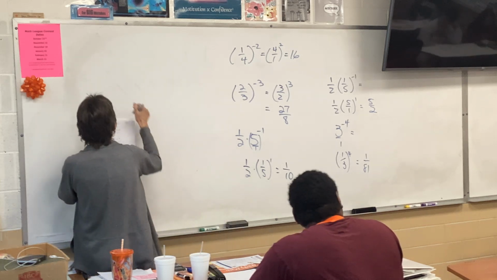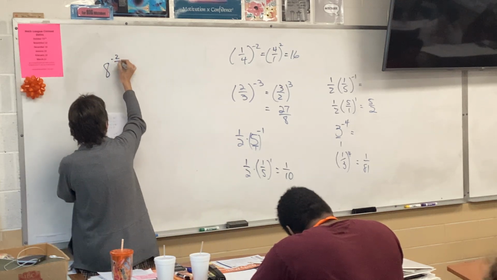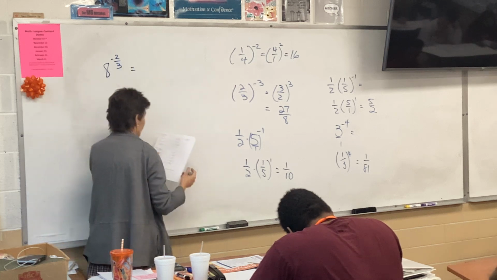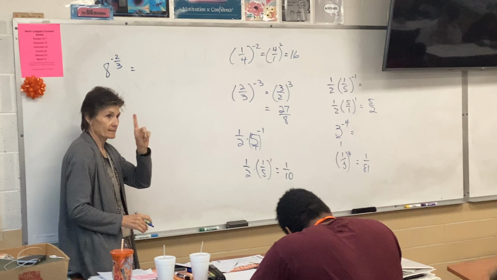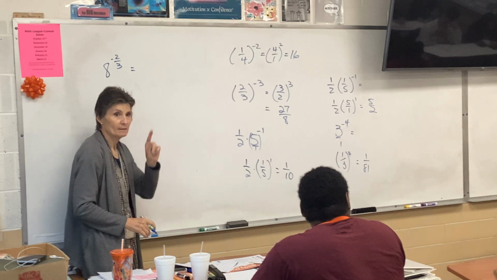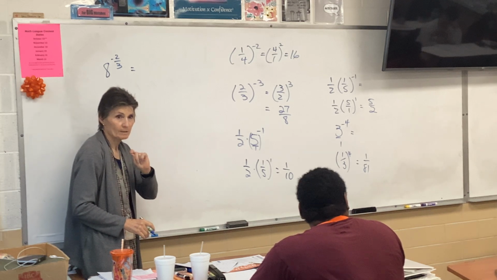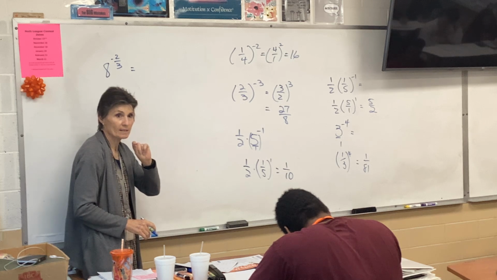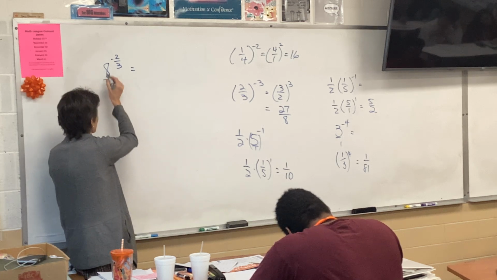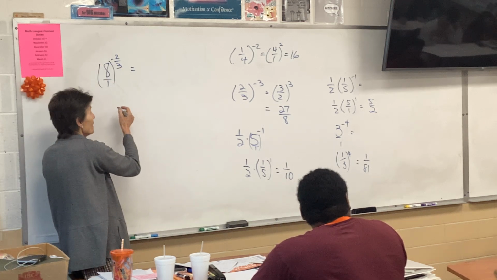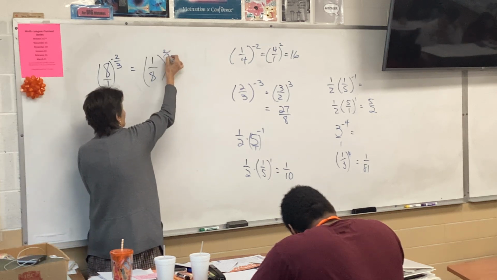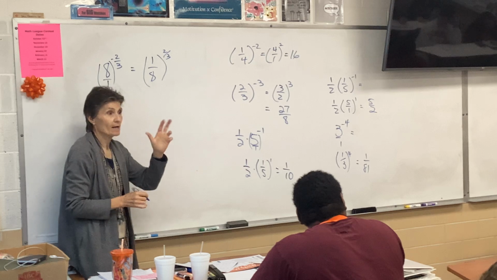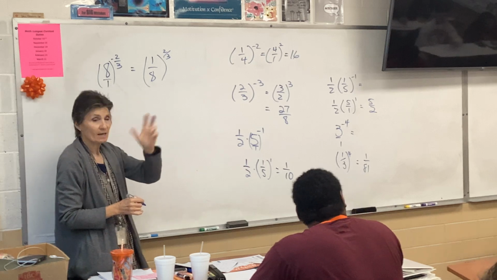Okay, so we have 8 to the negative 2/3. So, step 1, flip it. Do the negative first. The negative is the first thing you do. So this is 8/1, so it's gonna become 1/8. The exponent doesn't flip, not the exponent.